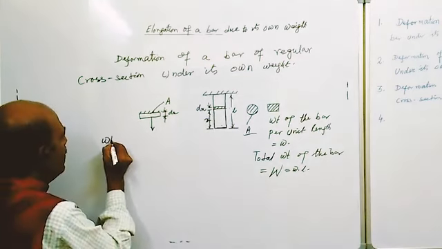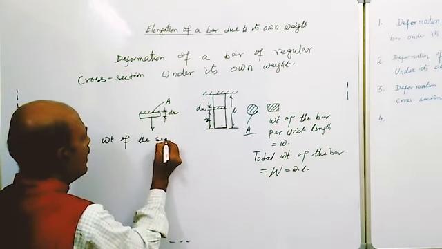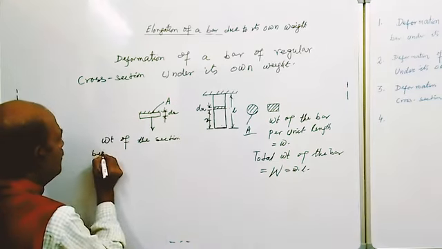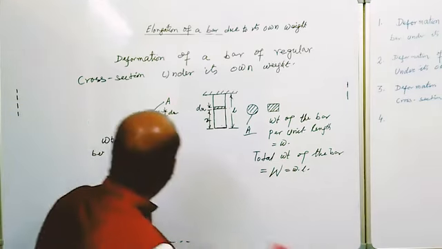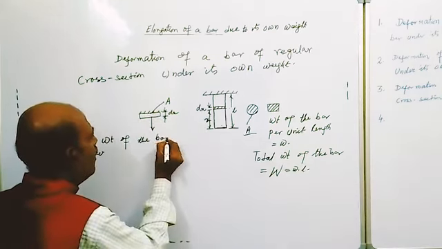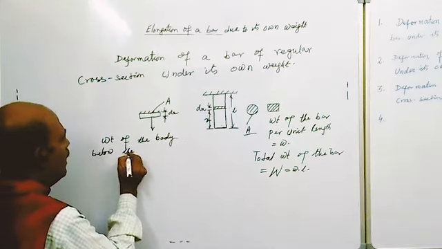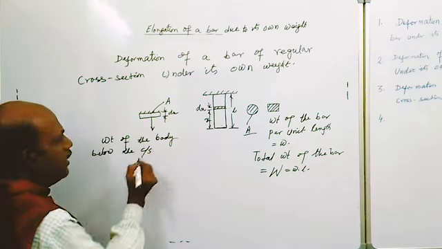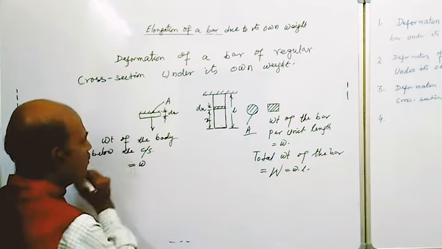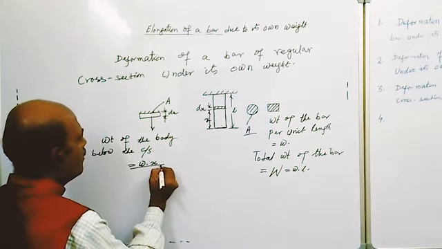So if we find out the weight of the body below the cross section as we have considered, per unit length it is small w, for x length it will be w x.